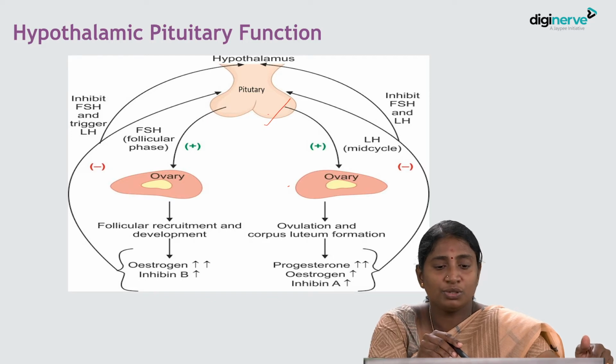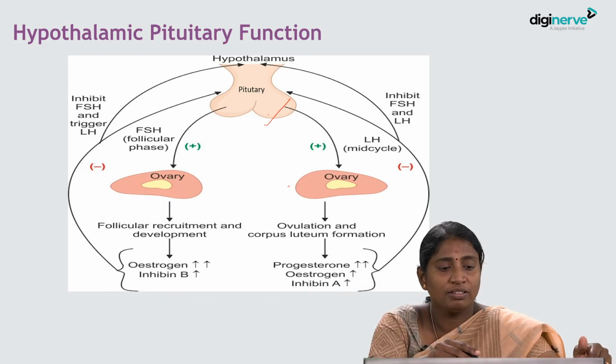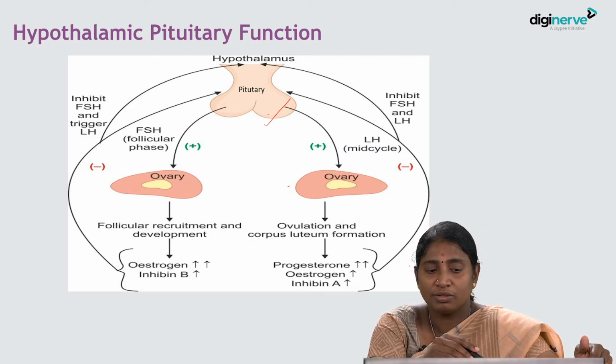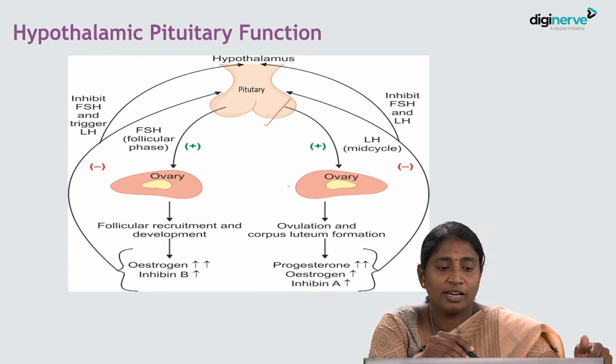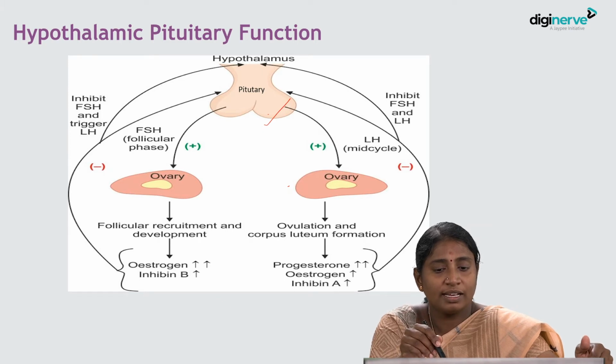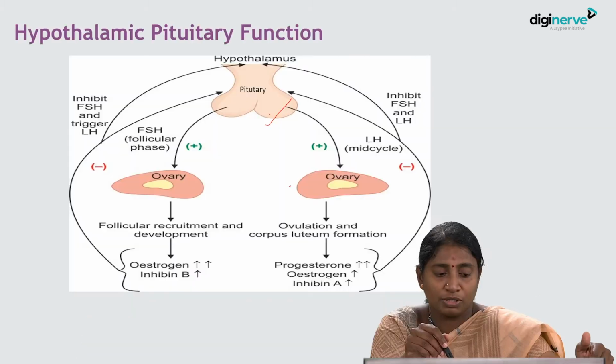This leads to the stimulation of follicle stimulating hormone and also luteinizing hormone. These two act on the ovaries, and thereby follicular recruitment and development happens in the ovary. Once they reach the mid-cycle LH surge, it leads to ovulation and formation of the corpus luteum.